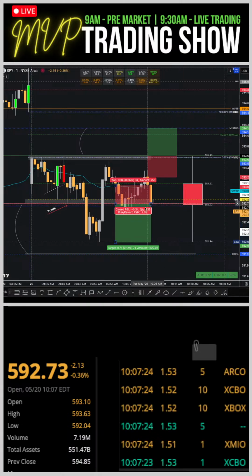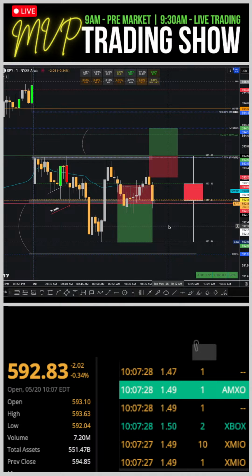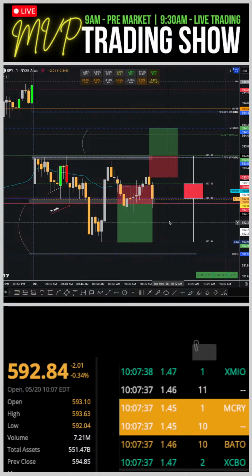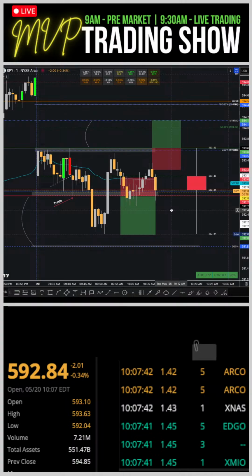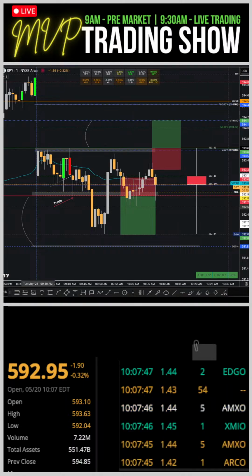Again, same thing, it breaks down there. Nothing clean, guys. Yesterday, I was talking about this. It's hard to quantify, but these candles have a certain rhythm to them on different days. If you're not watching SPY every single day, or if you don't have experience with it, you don't get a feel for the rhythm. So that's the advantage we have.